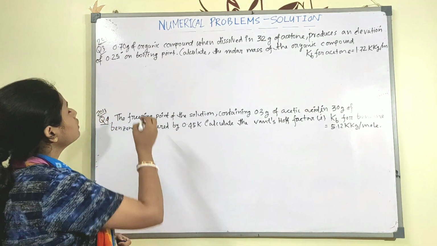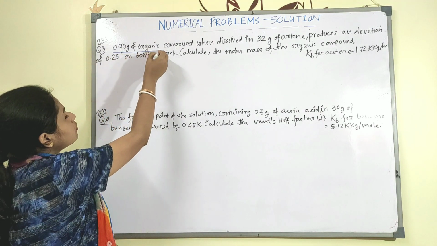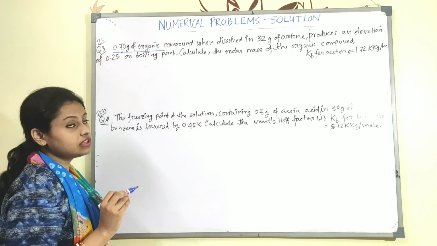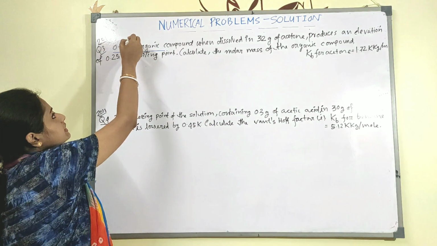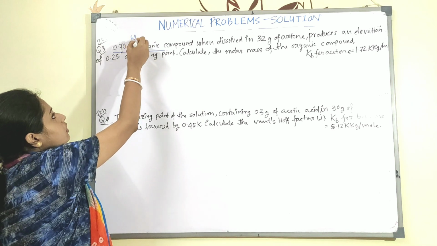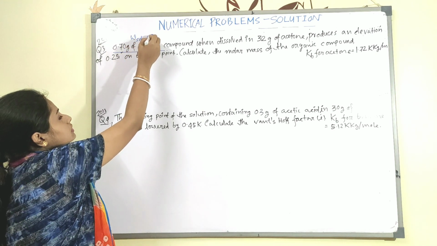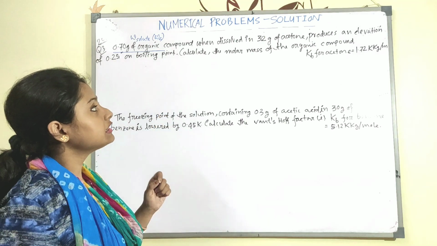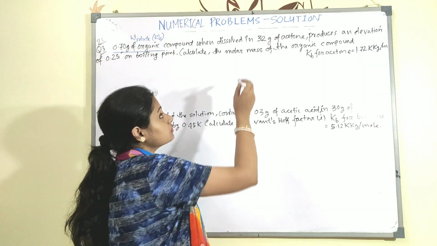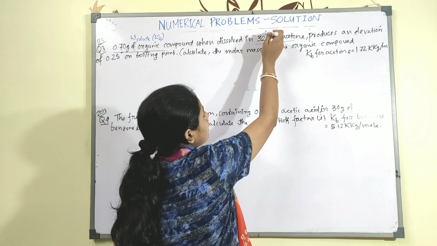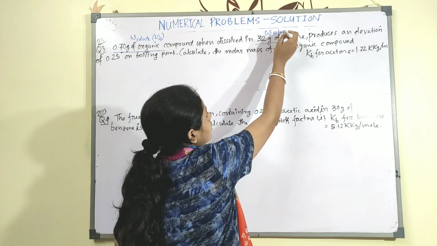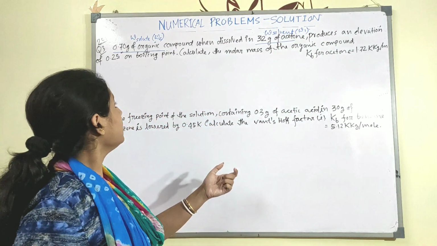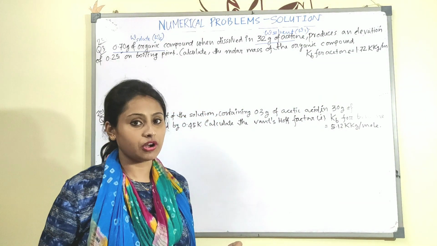So 0.70 gram of organic compound, this is the weight of solute, that is W2, when dissolved in 32 gram of acetone. So this 32 gram of acetone is weight of solvent, that is W1, produces an elevation of boiling point.